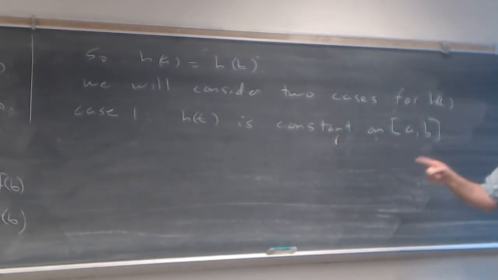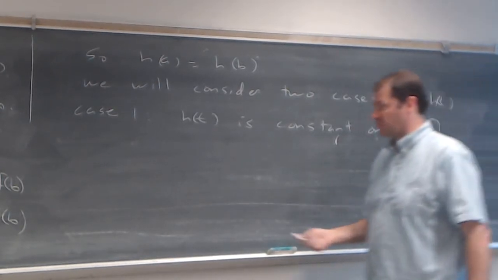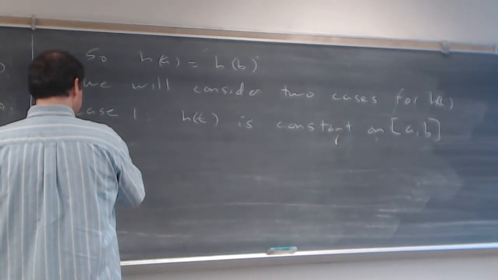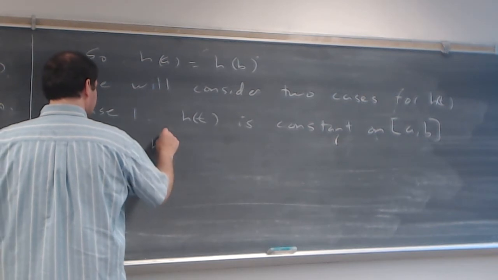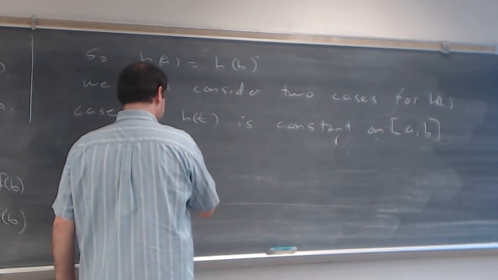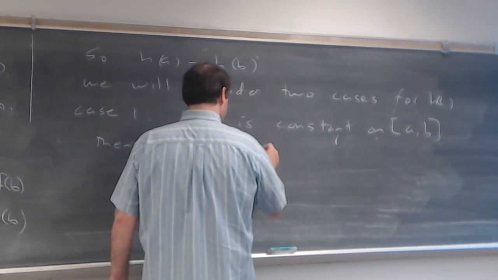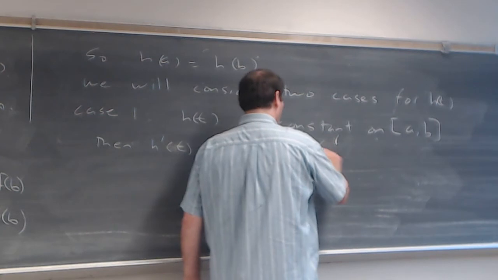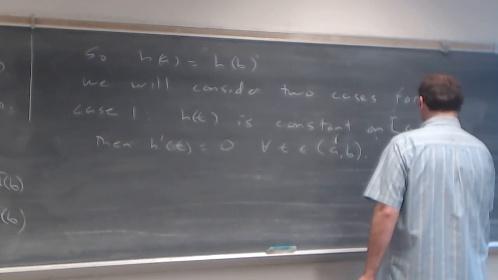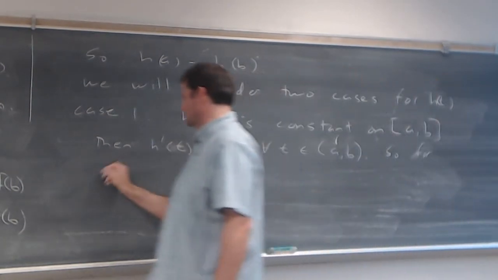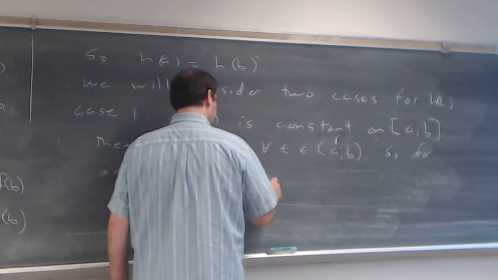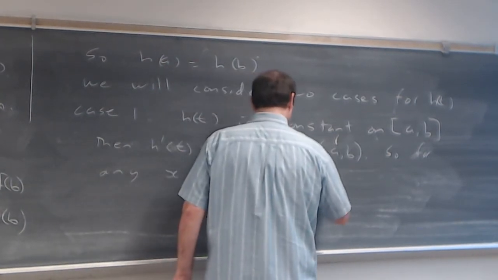If you give me a function that's constant, it's differentiable. We already knew h of t is differentiable on the open interval. Then h prime of t equals 0, and that's true for all t in the open interval from A to B. So for any x element of A to B, h prime of x will be equal to 0.